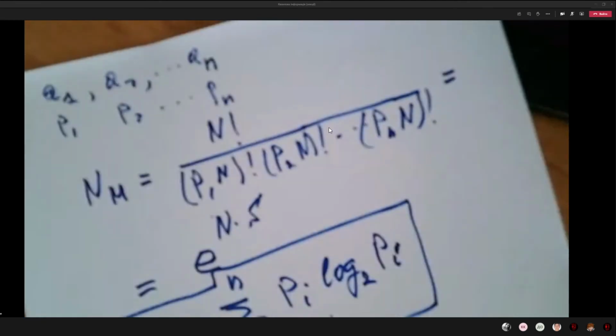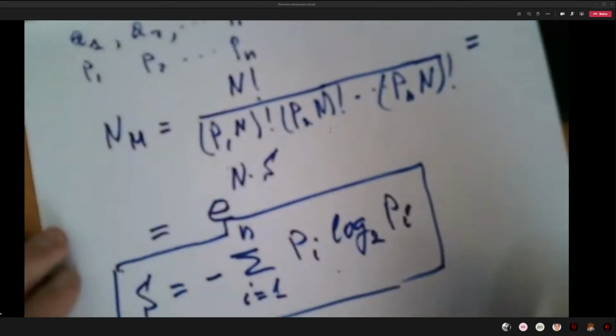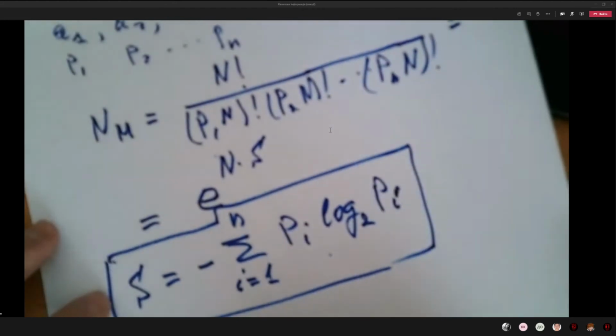You remember the entropy in the thermodynamical case. So let me write this entropy. We can compare this entropy.